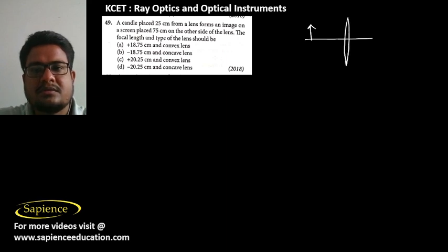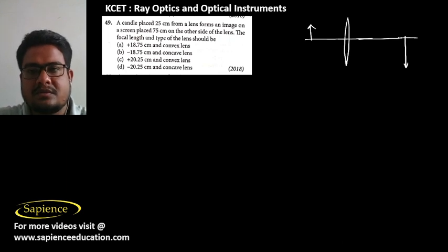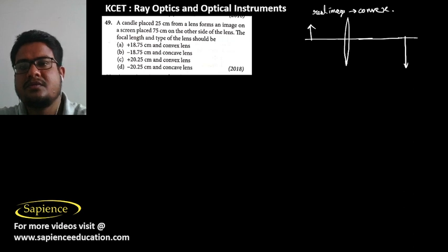Here is the lens, and here one inverted image forms. It should be a convex lens, since a real image can be formed on a screen only. A concave lens cannot form a real image of a real object. A concave lens will always form a virtual image of the object.